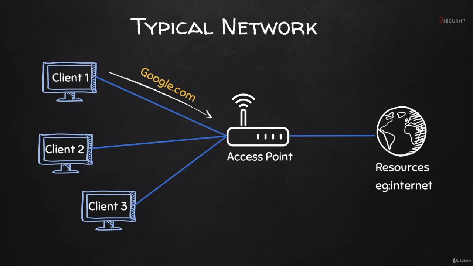Because they will have to send all of this data to the access point, and because they're sending this data in the air because you're in a Wi-Fi network, you'll basically be able to capture these requests and responses, and you'll be able to see the URLs they visit, the usernames, the passwords they enter, the chat messages.